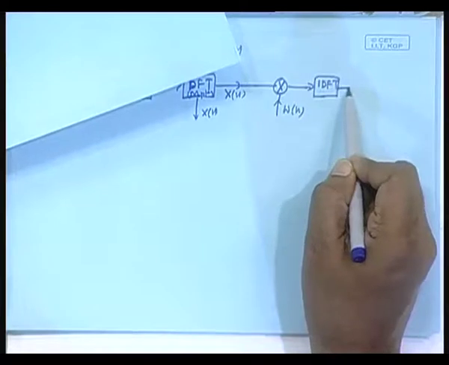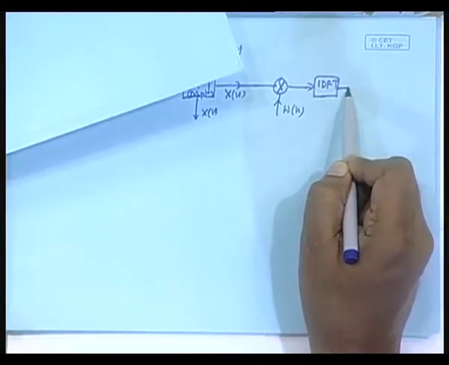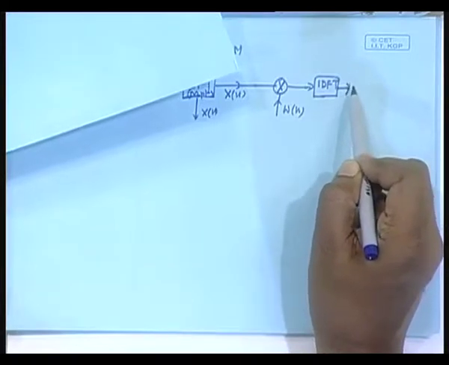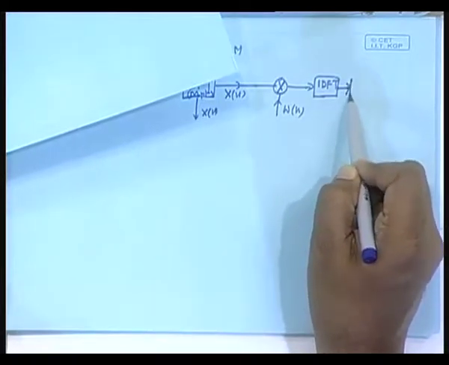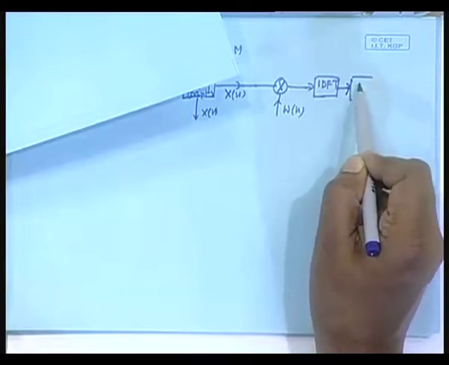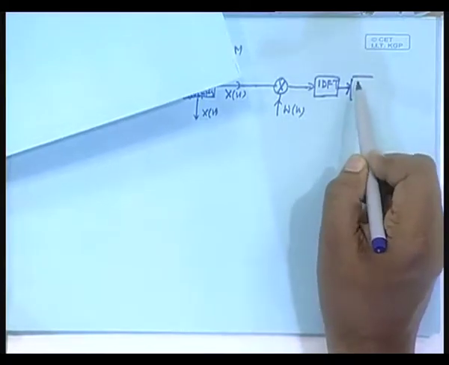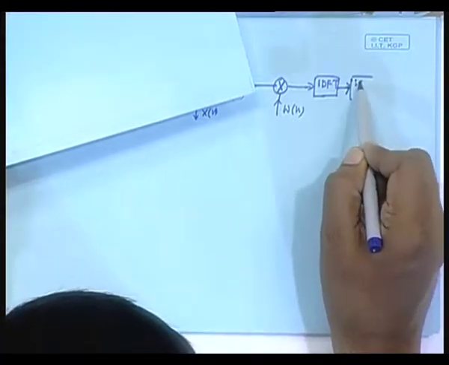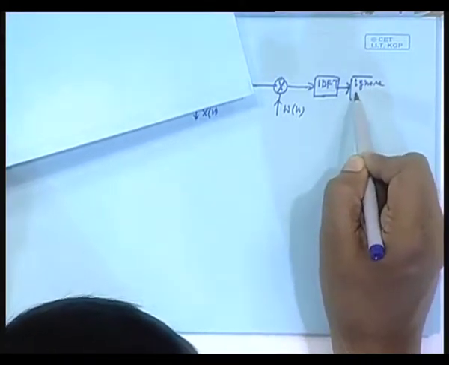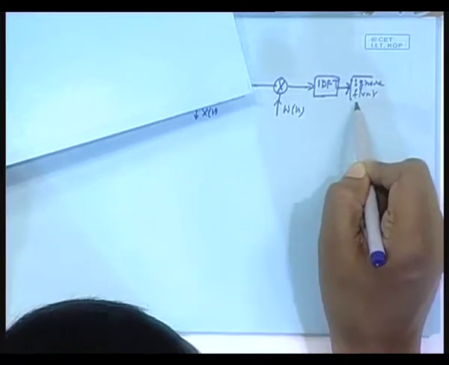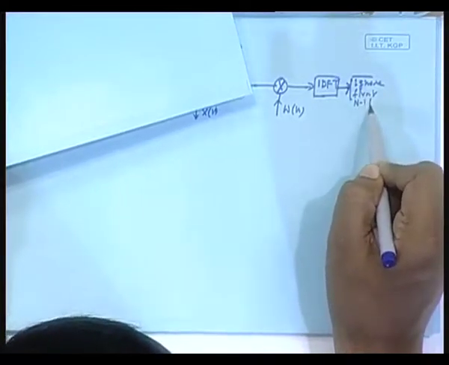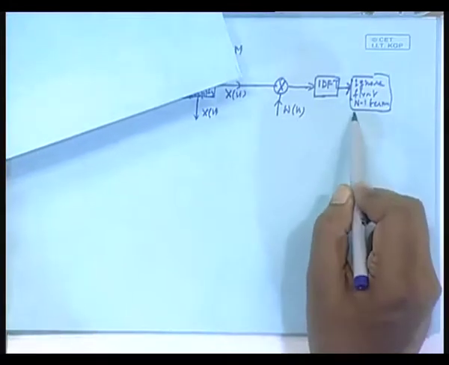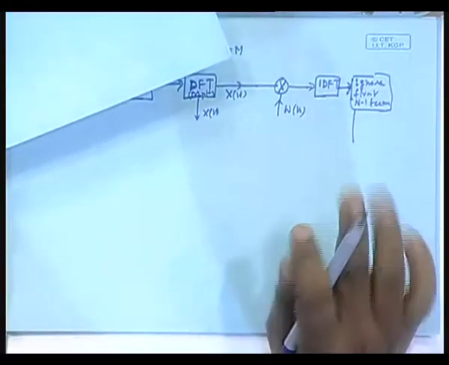After this IDFT, you ignore, I am writing this way, book writes something else, ignore first n minus 1 terms. Okay. So, filter output is available.